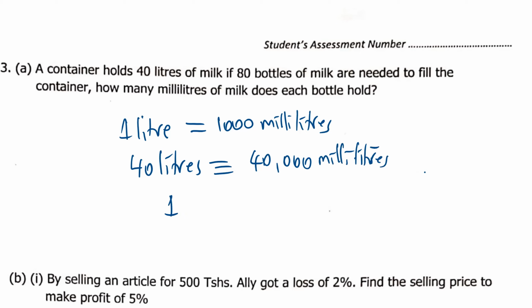Now, one bottle. If 80 bottles of milk are needed to fill the container, how many milliliters of milk does each bottle have? So actually we are going to take 40,000 milliliters.